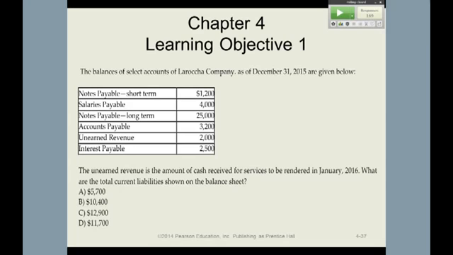How would you get that? Add them all up and subtract the non-current. The only non-current item you have there is the long-term note payable. So if you add all those up, you'd find out that it would total $37.9, and if you subtract out the long-term liability, it would be C, $12.9.